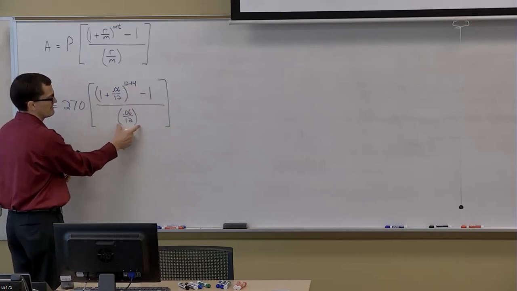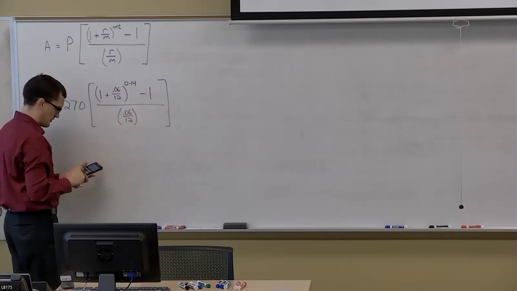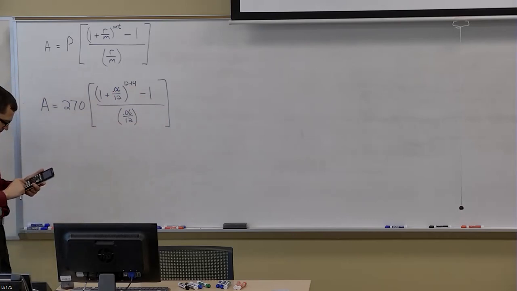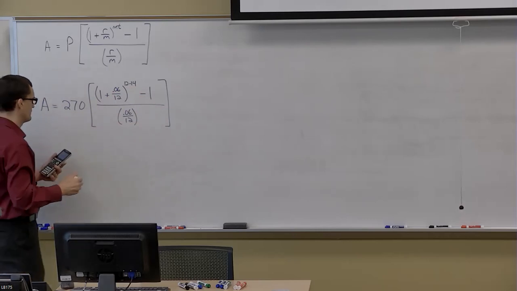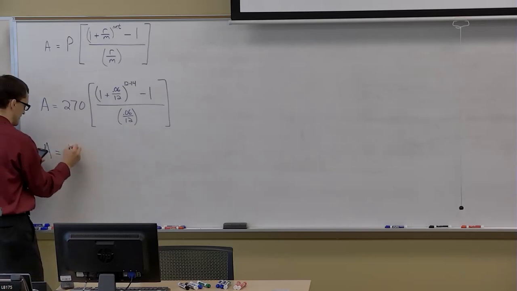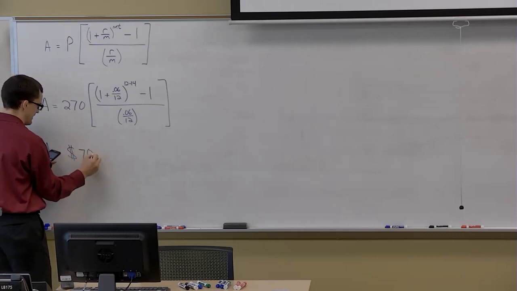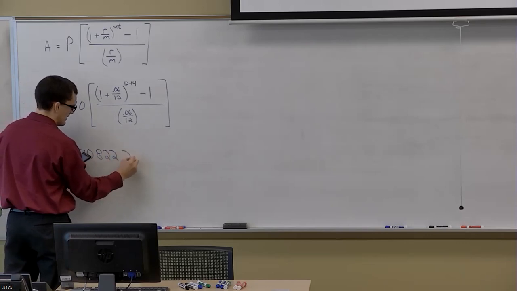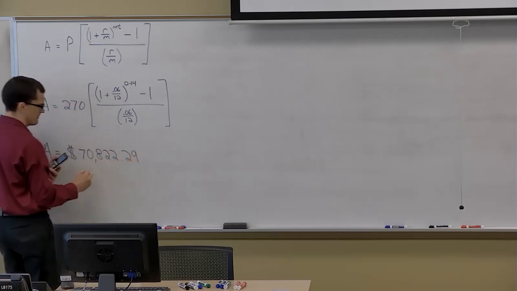Make sure when you're dividing, you put this in parentheses: divide by, in parentheses, 0.06 divided by 12. And then multiply by 270. You should get that the amount you have after 14 years is $70,822.29, rounded to 2 decimal places.